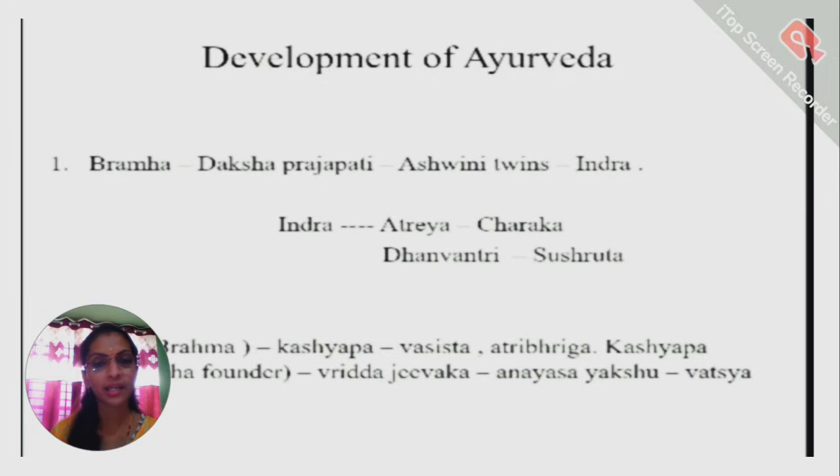In the Kashyapa Sampradaya, Kashyapa is the founder of the Samhita, and Vriddha Jivaka, Anayasa, Yakshu and Vatsya were the disciples of Kashyapa. Kashyapa, the founder of the Sampradaya, got the knowledge from Indra and explained it to his disciples. Like this, our Ayurveda came into existence, and from Ayurveda the branch of Kaumarabhritya started.